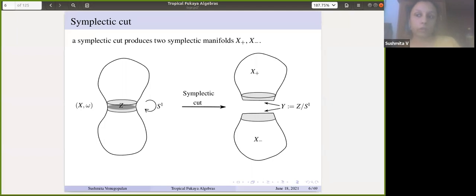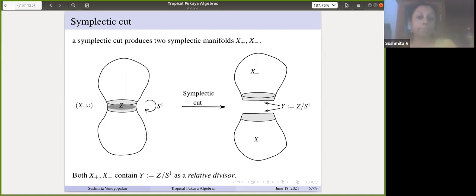And it's a result of Eugene Lerman that both X plus and X minus are smooth symplectic manifolds, and Y, which is the S1 quotient of the hypersurface, is a symplectic submanifold on both sides. So that's the definition of a symplectic cut.